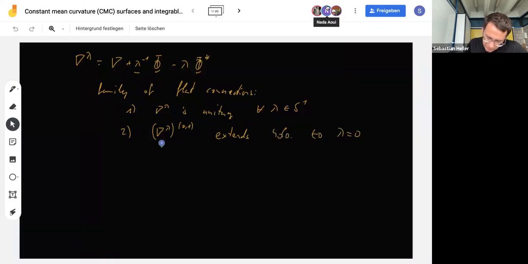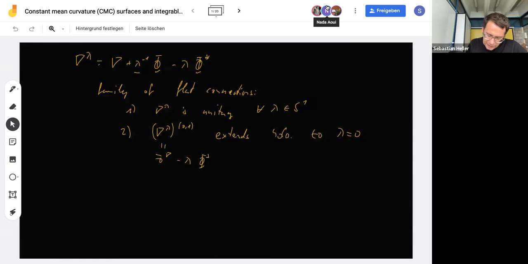So this is just given by del bar of nabla minus lambda phi star, and this extends nicely to lambda equals 0 in a holomorphic way.